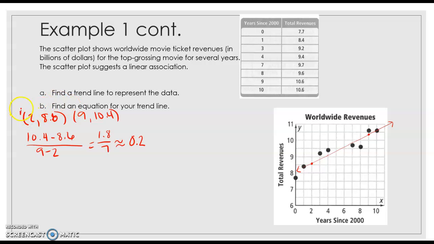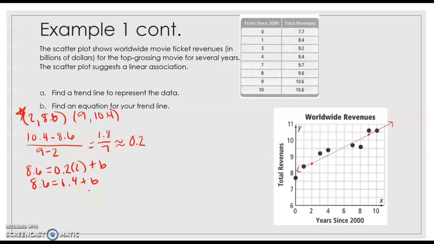I'm going to use my 2 comma 8.6 as my point, so we're going to do 8.6 equals 0.2 times 2 plus b. So I end up with 8.6 equals 0.4 plus b.